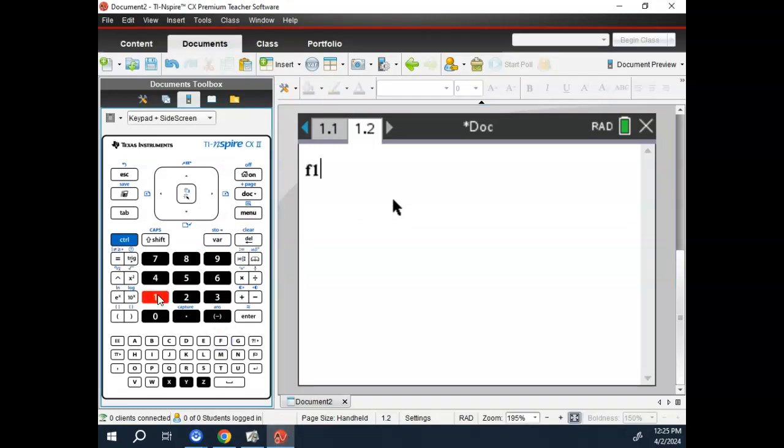F1 of 5.5. And I also need F2 of 5.5, and then it just does it all for me. Okay, everybody with me? It's been a while since we used the calculator, so holler at me if I lose you somewhere.